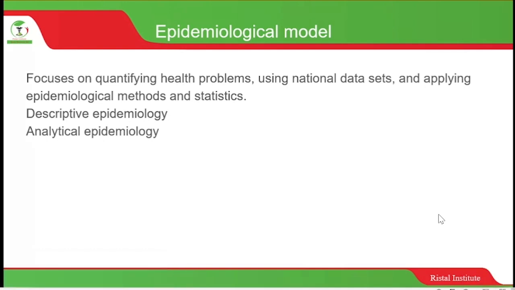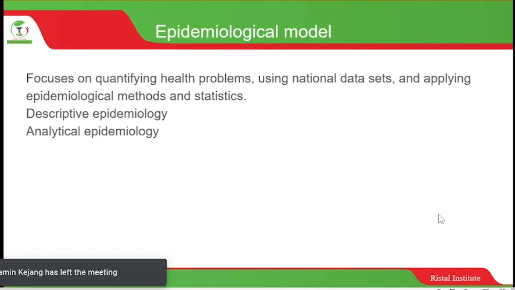So you can read about descriptive epidemiology, then also analytic epidemiology.